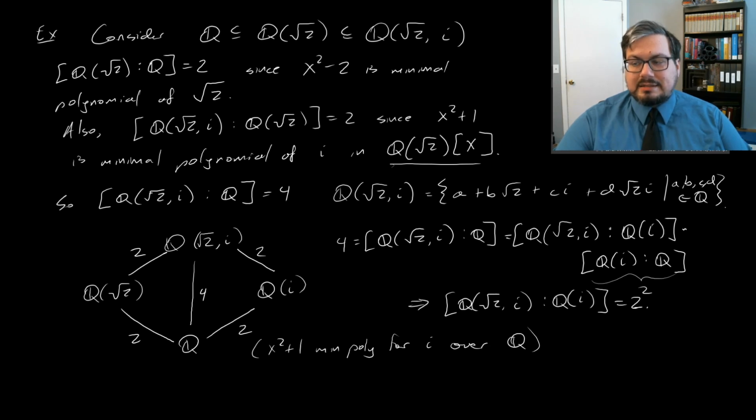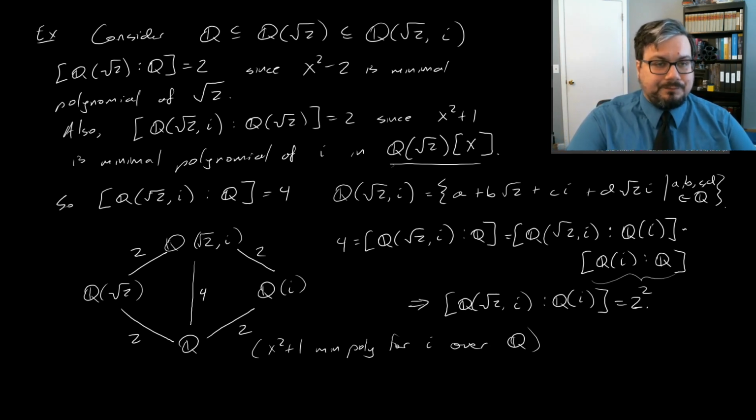All right, let's look at a slightly more complicated example. We're not going to go through all of the details here, but you can find them all in the notes.